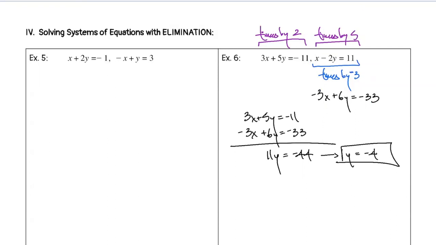You tell me which equation is most efficient in helping us find the value for x. Second one. Yeah, that second one, right? This one right here, if I grab that equation, x minus 2y equals 11, and I plug in -4 for y, I get x minus 2 times -4 equals 11, or x plus 8 equals 11, or x equals 3.